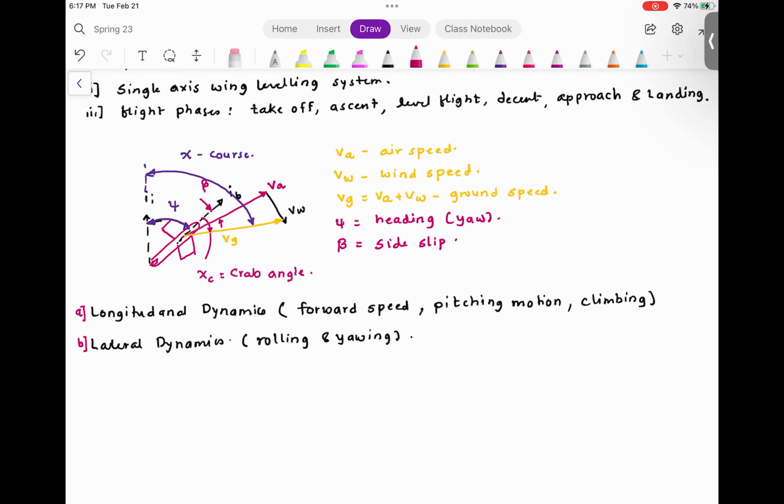Now, in the last class, believe it or not, at least 10-15 times, I talked about the concept of a successive loop closure. If somebody wants to make my day, or for that matter night, can someone tell me what is this successive loop closure?